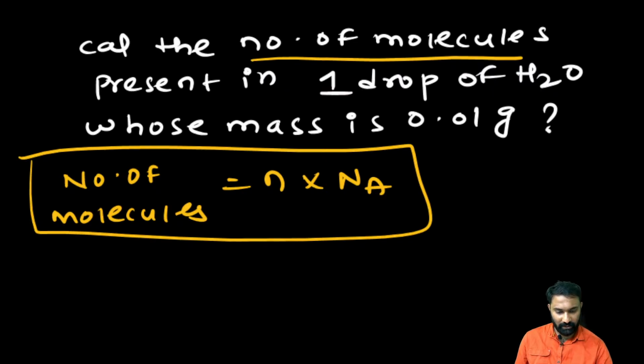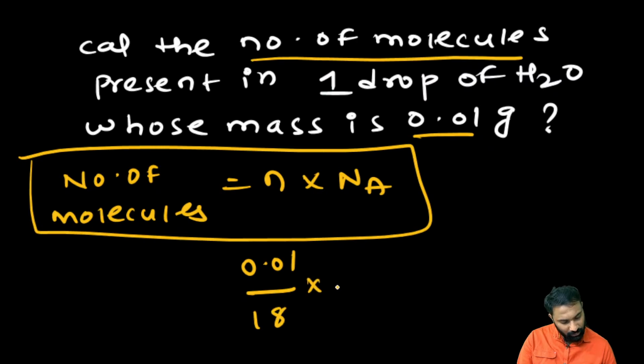One by 1800 Na. How come 1 by 1800 Na? See, 0.01 gram is given, right? Here it is asking for H2O.